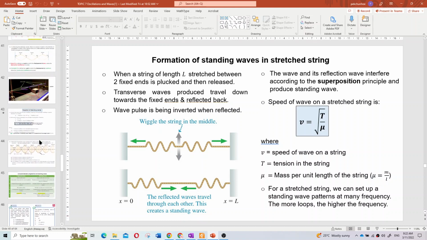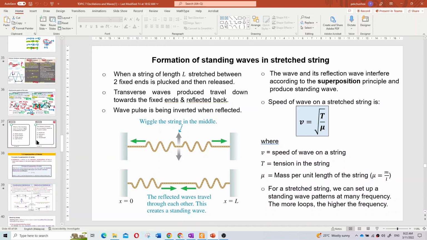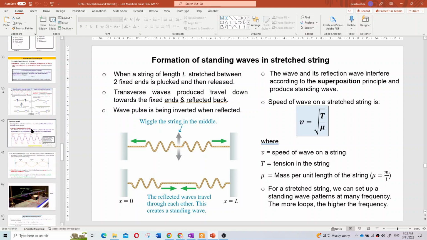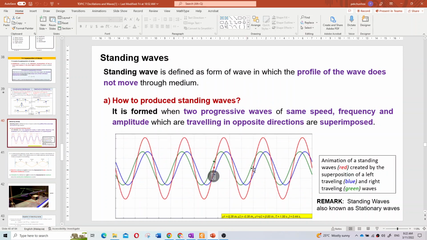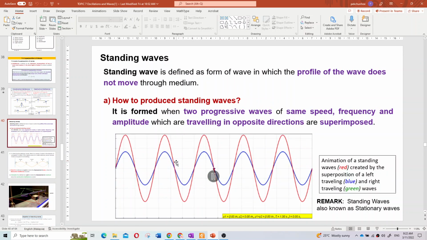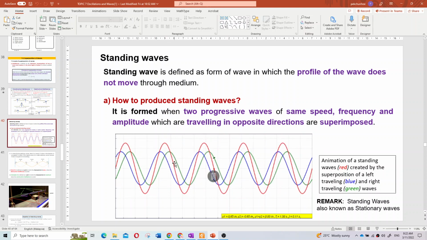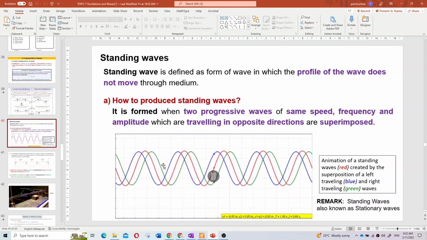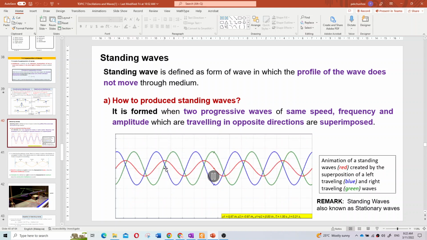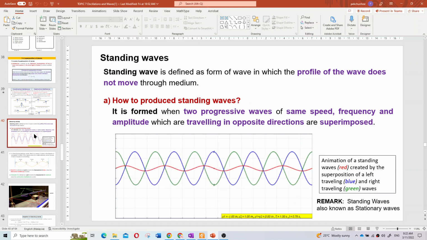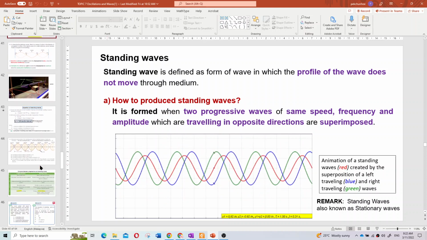Just like what we have learned in the formation of standing wave, right? How is a standing wave formed? When two waves in opposite directions superpose, they form the standing wave. So this is what happens in the guitar string.